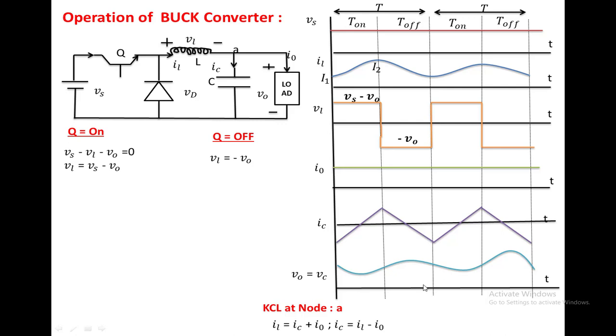To find the average output voltage here, we are using the inductor volt-second balance equation. From the inductor volt-second balance equation, the average voltage across the inductor, this is the voltage waveform of the inductor, becomes 0.